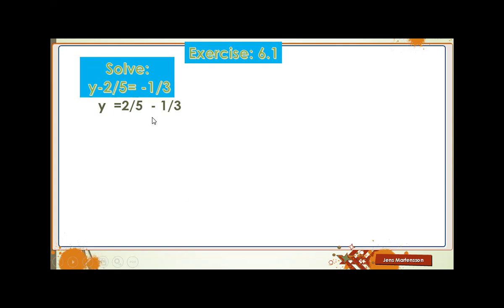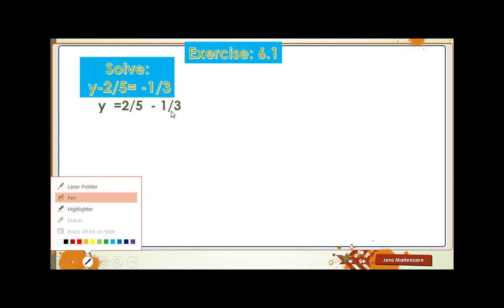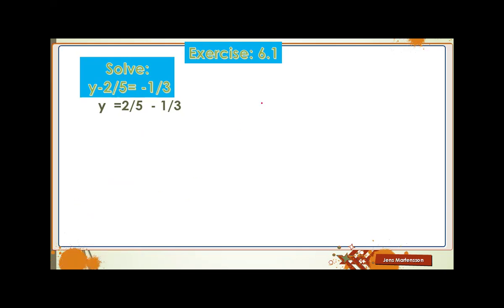How can we solve such kind of equation? Here we have to find out the LCM, students. So here 5 and 3 are over there, right? How can we find the LCM?